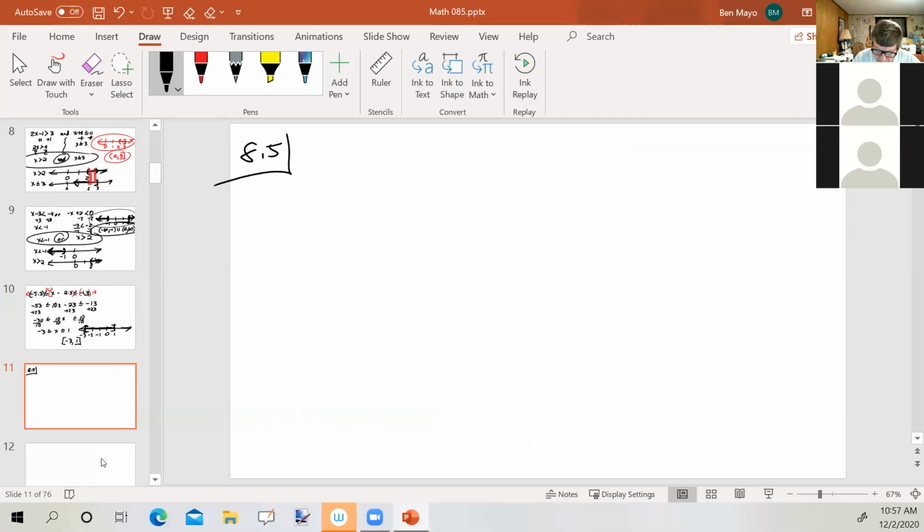All right. So let's say we've got something like the absolute value of x plus 3 equals 12. So we have an absolute value that's isolated equal to a number. Okay, so that means we're going to have two possibilities.